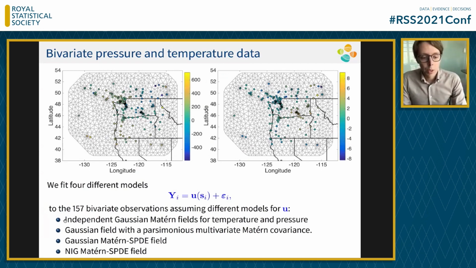So finally, just briefly, to see how this actually works, let's go back to the picture that I started with. The data was 157 observations of pressure and temperature, and we fitted four different models to this data: independent Gaussian Matérn fields, a Gaussian field with the parsimonious Matérn covariance function, and then two of these Matérn SPD fields, where the first one is Gaussian and the second one uses NIG noise.